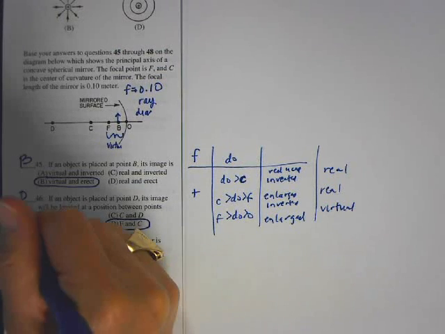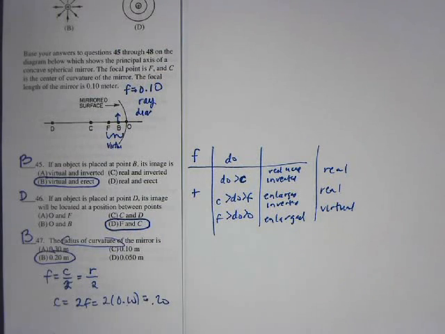So you weren't using the main equations for mirrors and lenses, 1 over F is 1 over DI plus 1 over DO, and then HI over HO is negative DI over DO. So we're not using those here. We will use them on the next one.